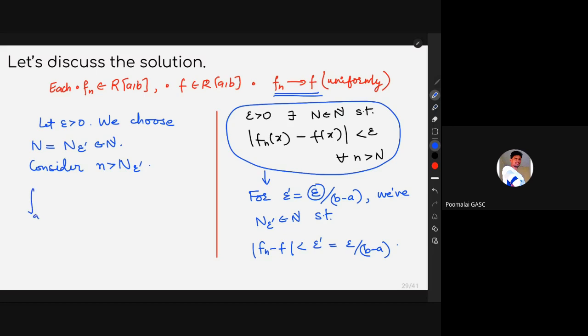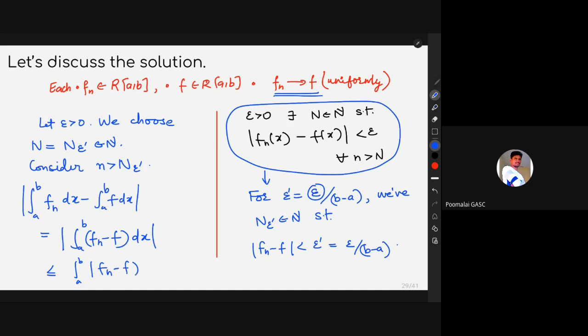What do we have here is the modulus of this difference, which is equal to the integration of this particular function, and this is further smaller than integrating the modulus of this function.